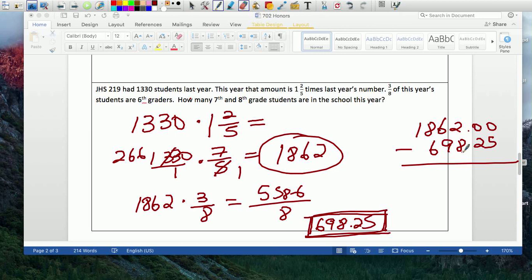Minus 698.25. It's going to give us 1,163.75. So in the context of this particular problem, the numbers don't make sense, but I want you to kindly ignore that, just for argument's sake. Okay, and that's it.